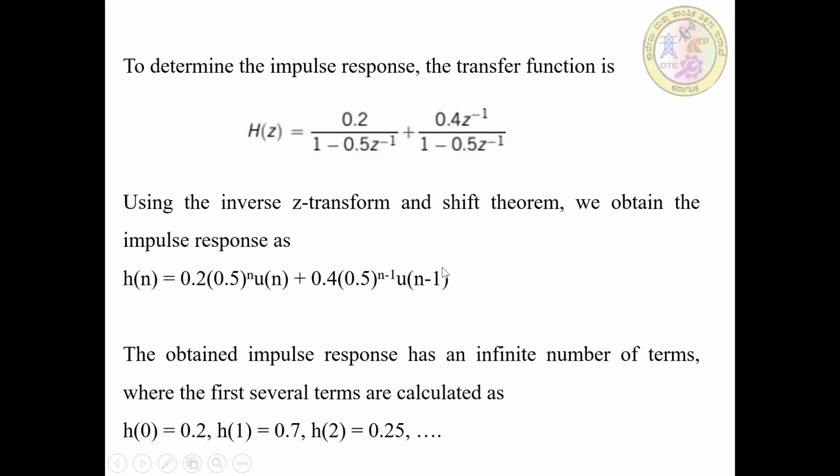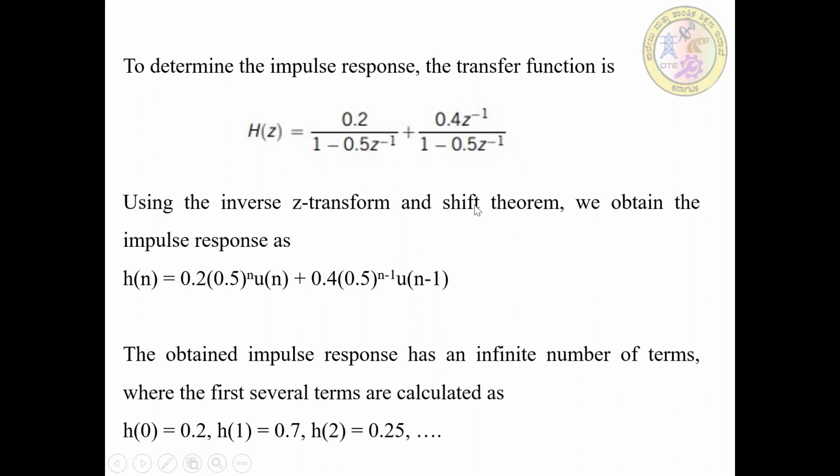Then to solve for the impulse response, we have to rewrite this transfer function. H of z is equal to 0.2 divided by 1 minus 0.5 z raised to the power of minus 1, plus 0.4 times z to the power of minus 1 divided by 1 minus 0.5 z raised to the power of minus 1.